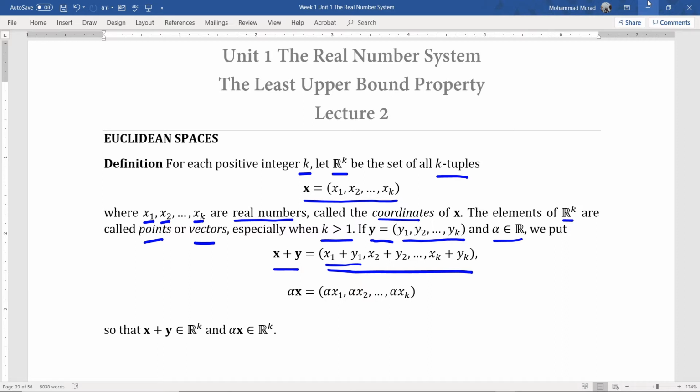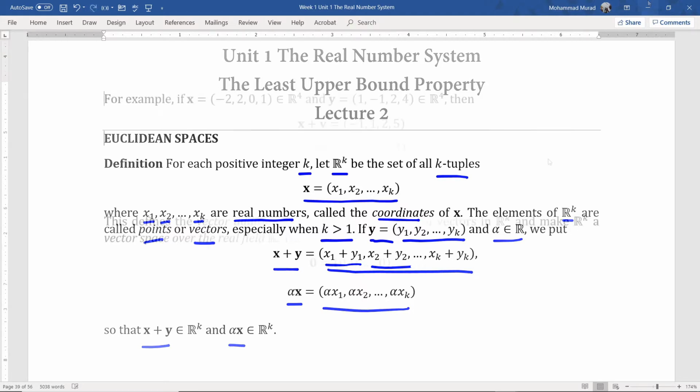Similarly, the second component of the vector x plus y is obtained by adding the second components of the vectors x and y, and so on. And the scalar multiple of the vector x, alpha x, is simply obtained by multiplying every component of the vector x by the real number alpha, so that the vectors x plus y and alpha x are in Rk.